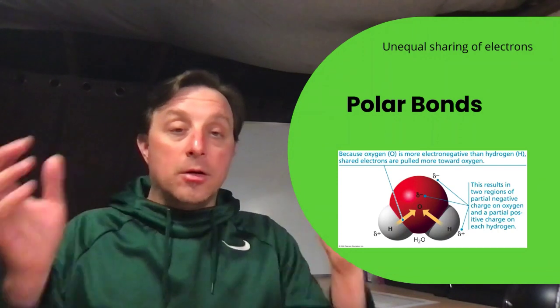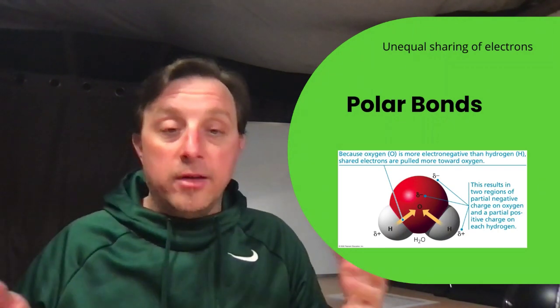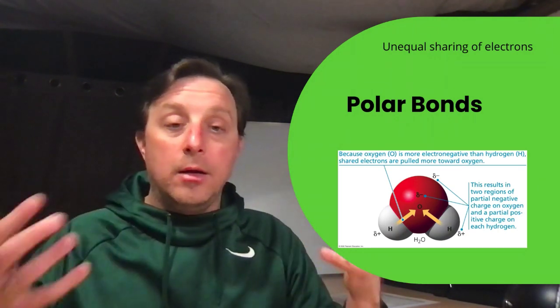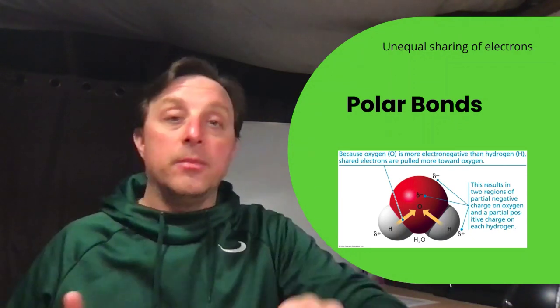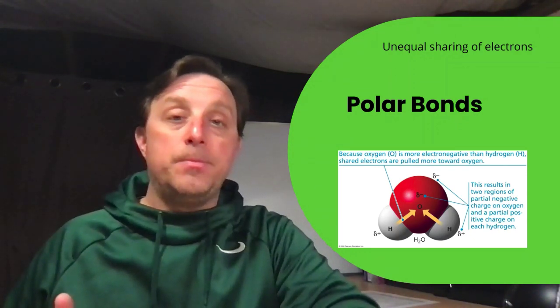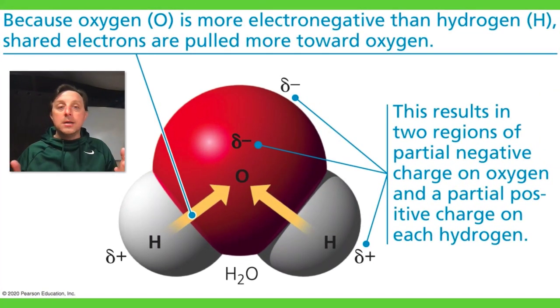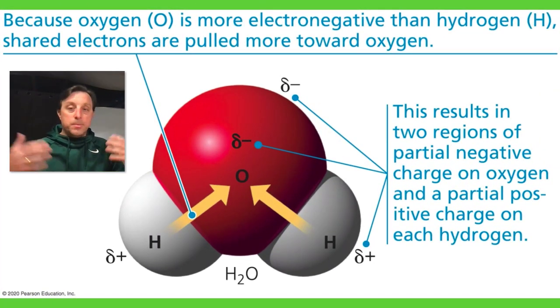So the electrons are going to be shared unequally. They're going to be moving around the oxygen atom more so than they do around the hydrogen atoms. So that sets up this polar bond where this polar molecule, like water, has a partial negative charge on one end, the oxygen end, and partial positive charges on the other ends, the hydrogen ends.